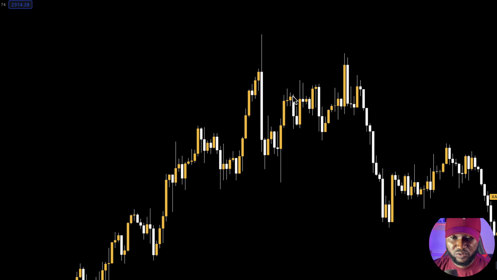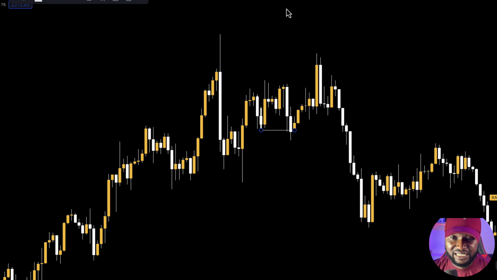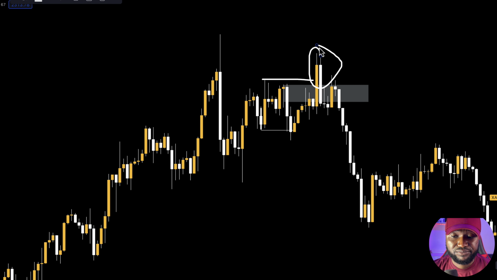You see, this is 1, 2 candles. So once many people see this one, price closing below this area, they say, yes, we have a shifting market structure. And they start selling. They say, okay, let's sell from here. Bearish order block. And definitely their stop losses are here. They get stopped out.